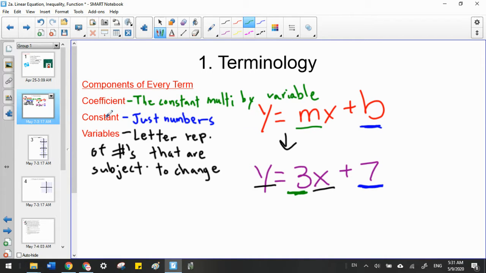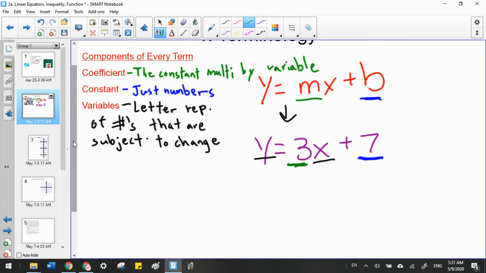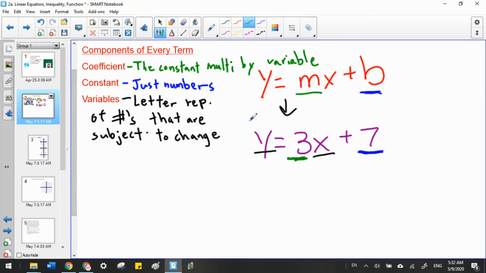And before we move on to the next section, I just wanted to quickly talk to you about the concept of slopes and how they function. So I have y equals 3x plus 7 right now.